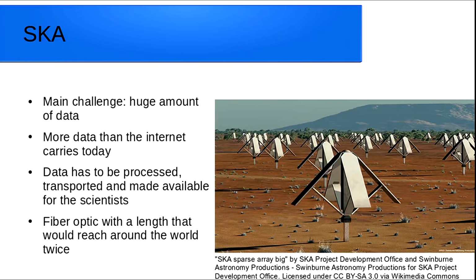All this data has to be processed, transported, and made available for the scientists. They plan to deploy fiber optic cable with a length that would reach around the world twice. They actually trust in Moore's law to process all this data, so they wait to buy the hardware until it is really needed.